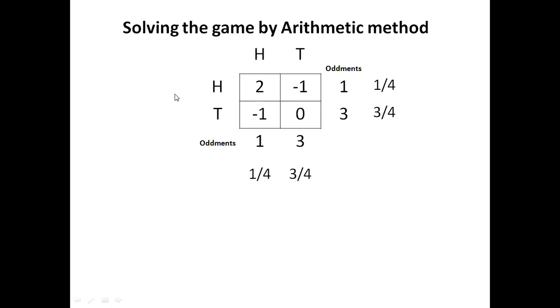Suppose player 1 plays the pure strategy H, then when both are H, 2 rupees will be won. When one is H and another one is T, then you lose 1. It means the difference for this strategy, that is 2 and minus 1, the difference is 3. Please remember, don't make any confusion here.